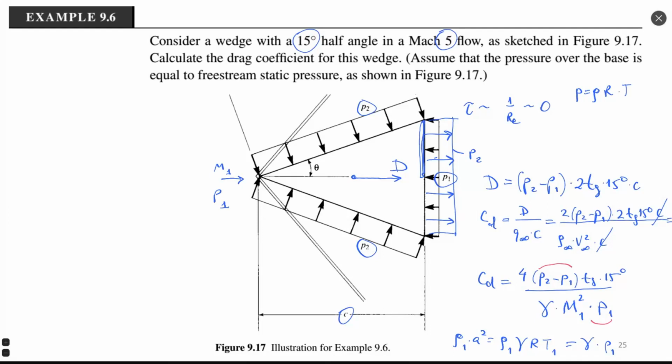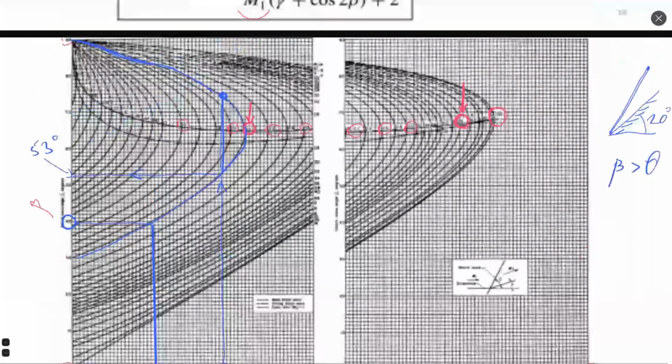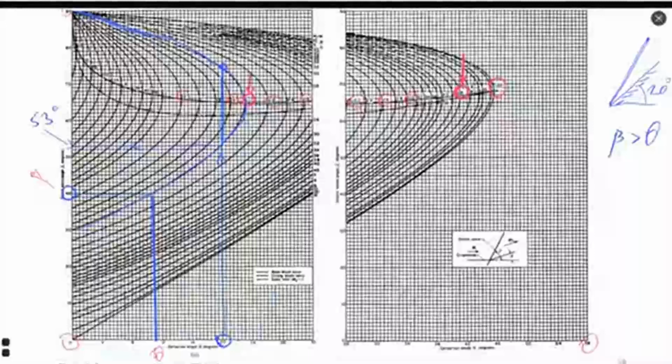So let's calculate the relation between pressure 1 and pressure 2 after this oblique shock wave. As a reference, I will use Mach 5. So for Mach 5, I need beta. Let me go back to the diagram. Here it's not so convenient. Probably this diagram would work better.